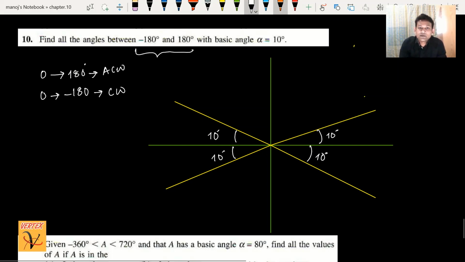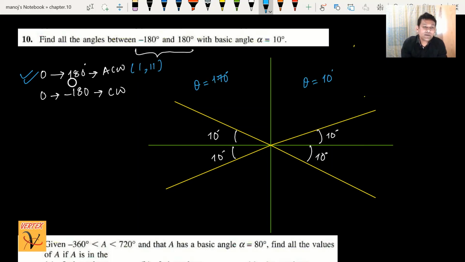Working on the first phase, 0 to 180 degrees means anti-clockwise, and there will be only two quadrants, first and second. In the first quadrant, theta equals alpha, and in the second quadrant, theta is 180 minus alpha, which is 170 degrees.